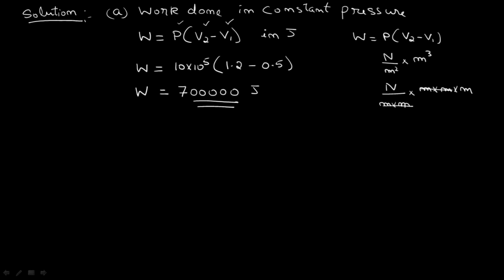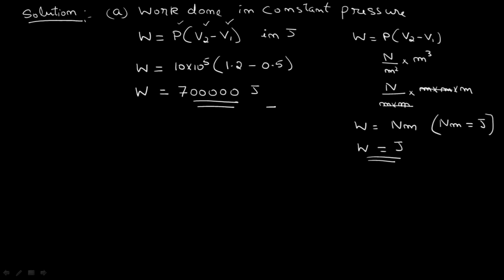Remaining is Newton meter. So the unit of work is Newton meter. But we know that Newton meter is nothing but a joule. So I can write the unit of work as joule. Therefore, we got the answer as 700,000 joule. But this is a huge number.